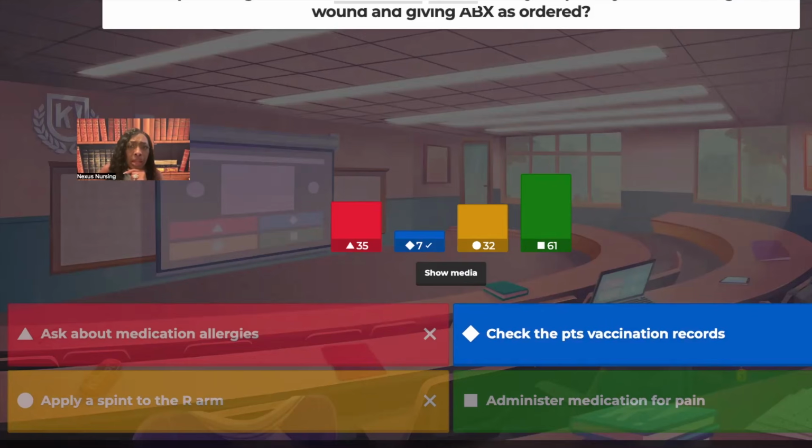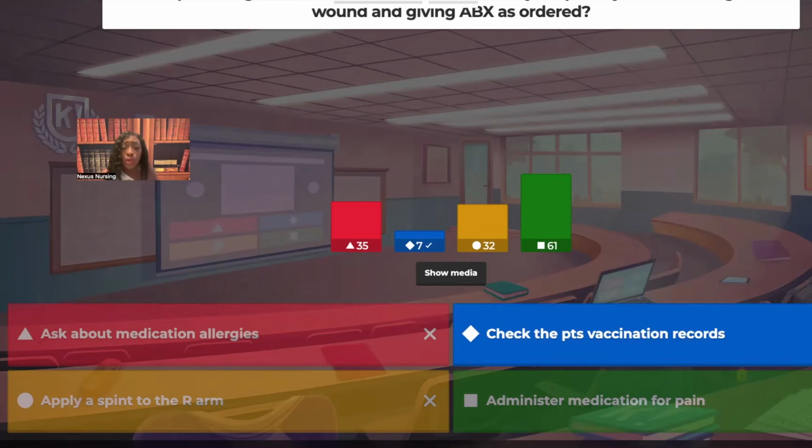Doesn't it make sense that if they have a gunshot wound, which is already painful, and you have to dig into that wound because you got to clean and dress that wound, wouldn't you give them an analgesic before? Of course you would. You're not a torturer. You're going to give them a pain medication before you dress that wound. So that couldn't be the answer.